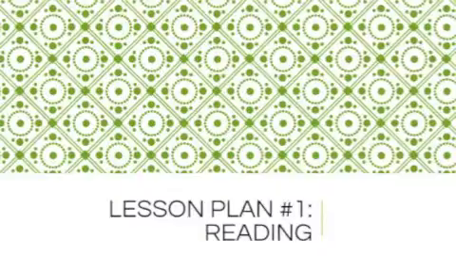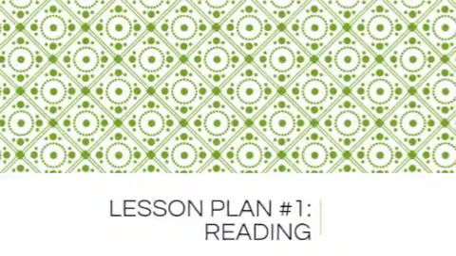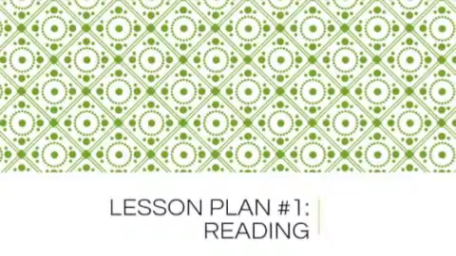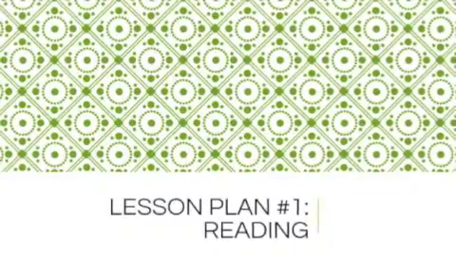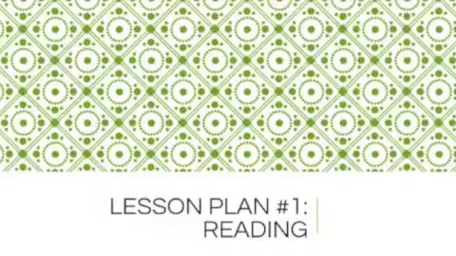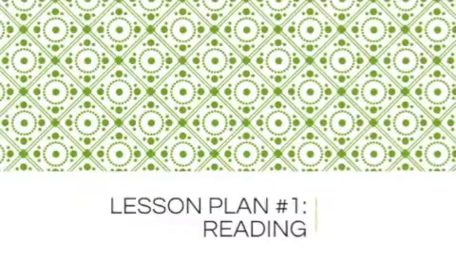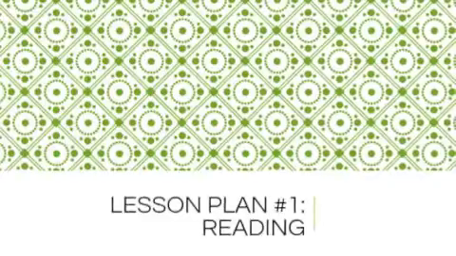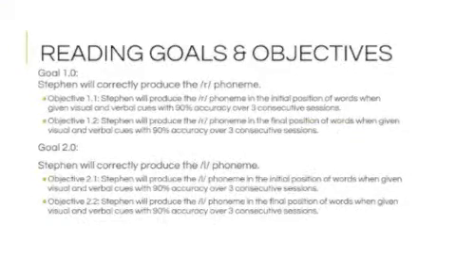Hello, my name is Kelly Williams, and I'm going to be walking you through the reading goals and objectives and also give you a brief overview of our reading lesson activity as well as the Common Core standards that coincide with the activity. Our first goal is for Stephen to correctly produce the R phoneme.